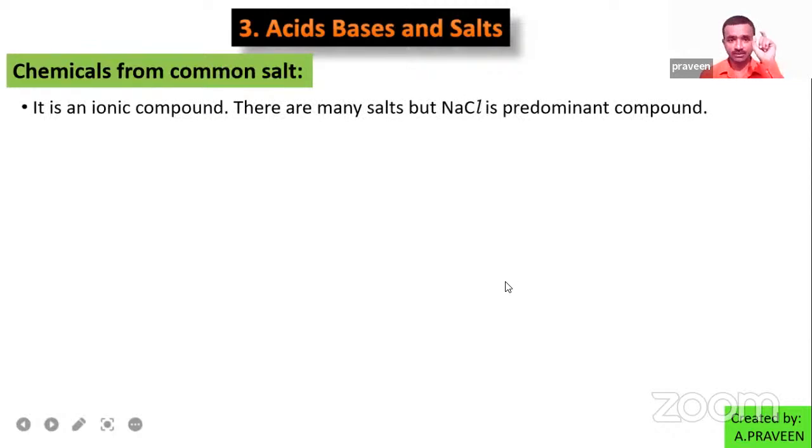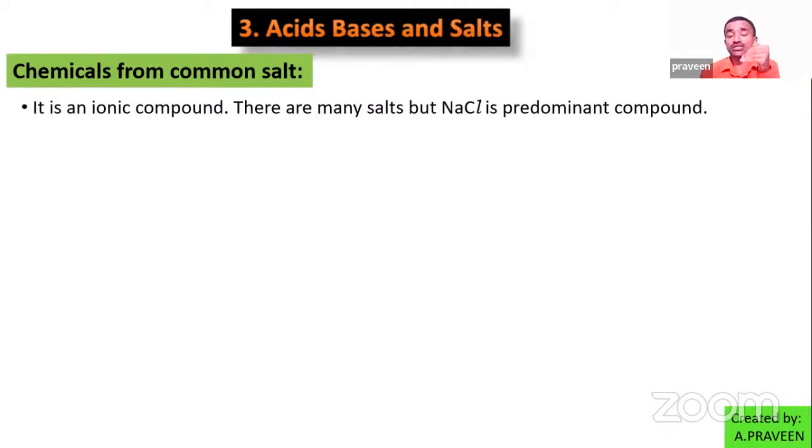So simply about common salt, what can we write? It is an ionic compound and it is produced by the neutralization reaction of HCl and NaOH. And here that salt NaCl is the predominant compound. Why?